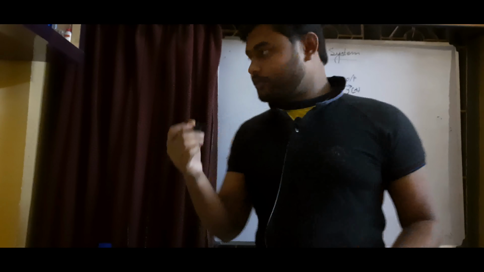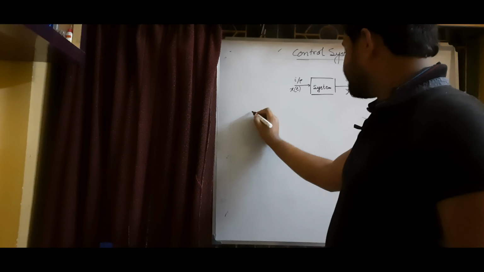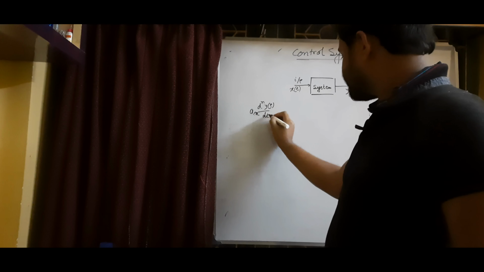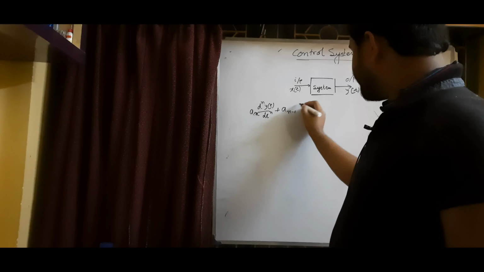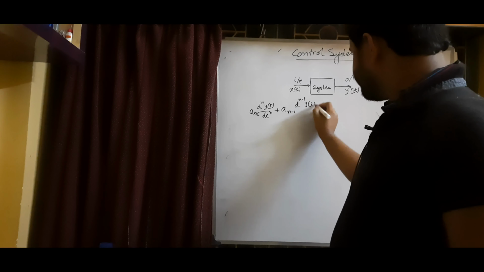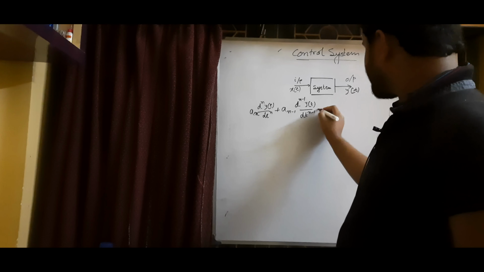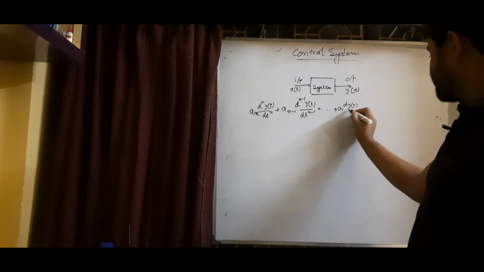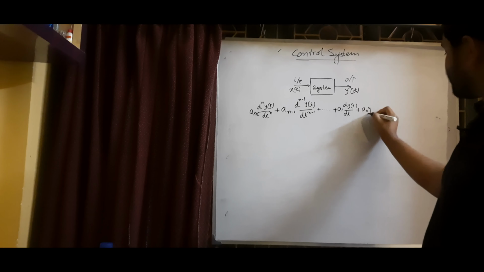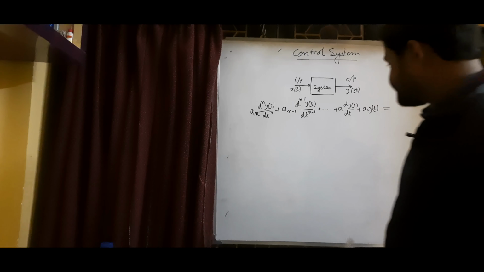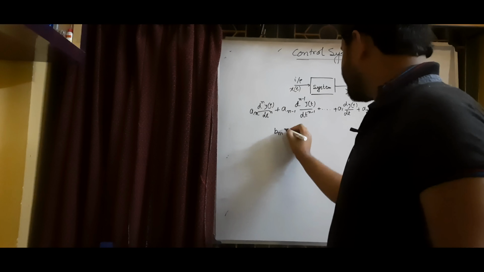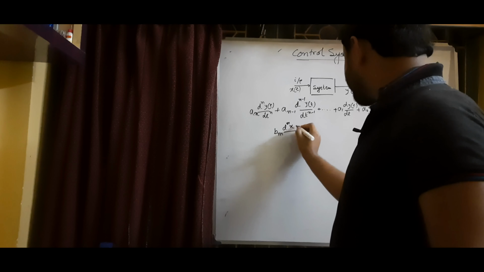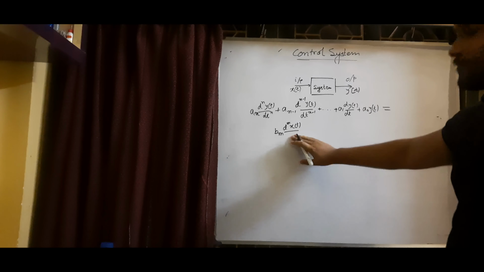So let me put the output variable in the left side. a_n into nth derivative of y(t) plus a_(n-1) multiplied by (n-1)th derivative of y(t) plus so on up to a_1 dy(t)/dt and a_0 y(t) is equal to b_m d^m x(t)/dt^m. Now this is the right side expression.